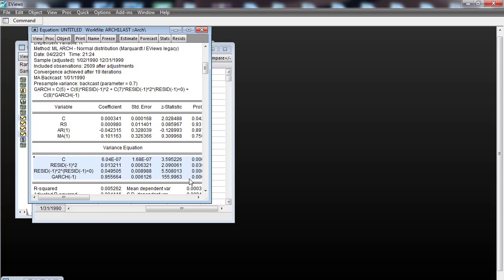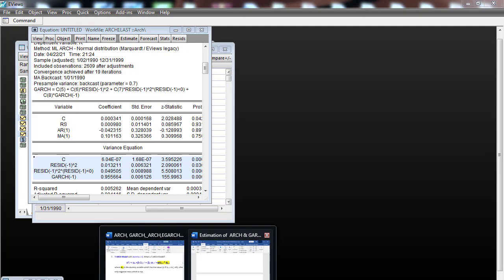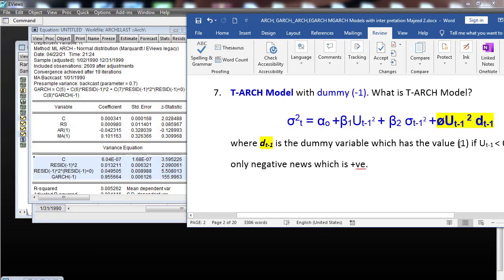Let me state the hypothesis for the TARCH model. The main thing is theta here.